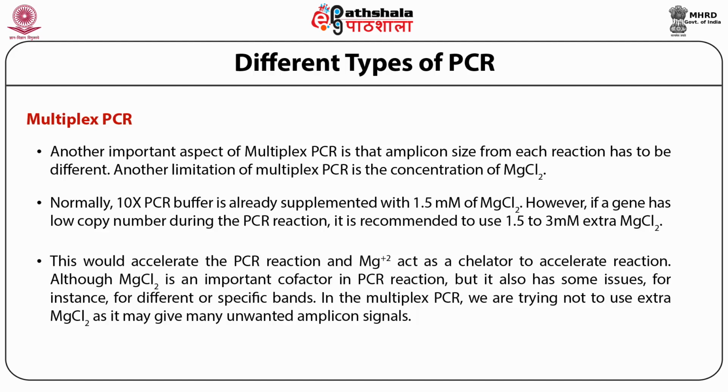However, in case of poor amplicon production, we may increase the concentration of MgCl2 up to 3.5 millimolar, and it is recommended that the amount of magnesium chloride in the multiplex PCR should not exceed the desirable amount, otherwise it may produce many non-specific bindings and thus non-specific products.